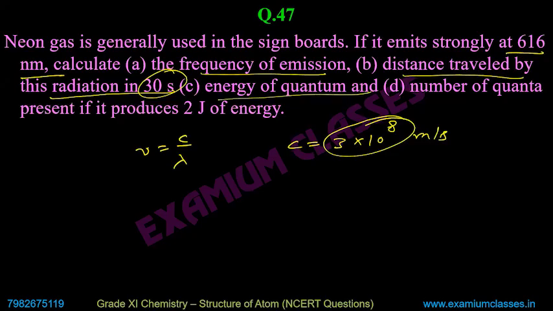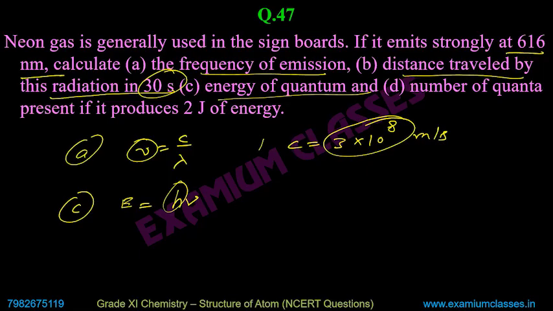Energy of the quantum is h nu. Nu you have calculated, multiplied by h. C part done. Distance in this case in 30 seconds will be 3 into 10 power 8 into 30.